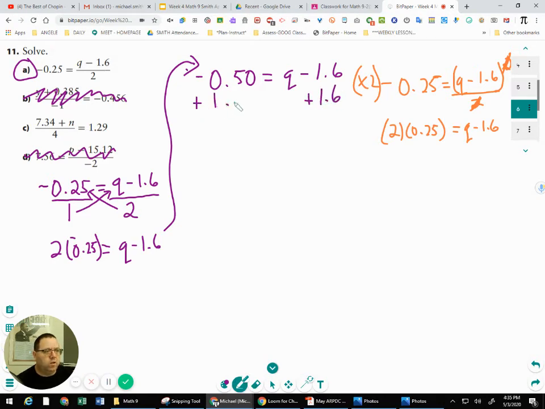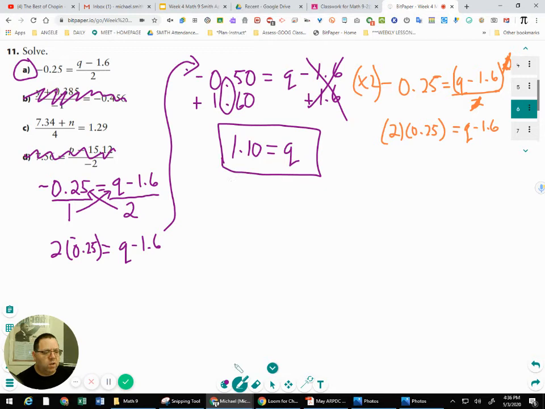You notice how I line up the decimals, and if it makes me feel better, I'll put a placeholder 0 in there. This cancels, that's a nice 0 pair. And a positive 1.6 minus 0.50, to give it a money context, is $1.60 and we spent 50 cents. We've got $1.10 left over, so 1.10. And that's the answer.